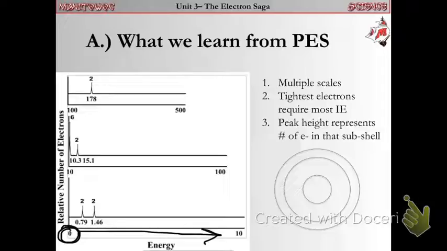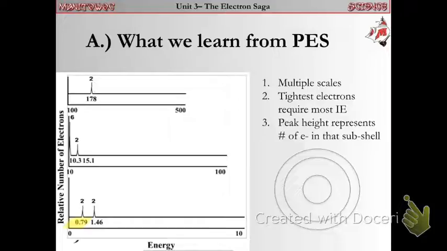But what happens is we look at all of the electrons inside of an atom. The range of energies that are required to remove the electrons varies very widely. For instance, if you look down here on the bottom, you'll notice that some electrons come off with only 0.79 units of energy. So those electrons come off real easily.